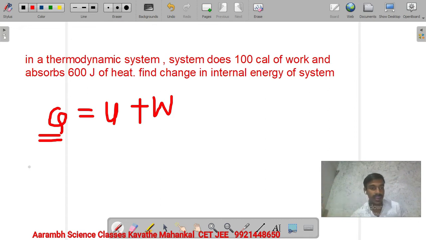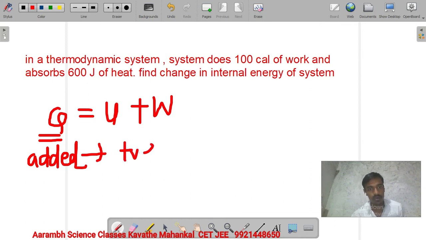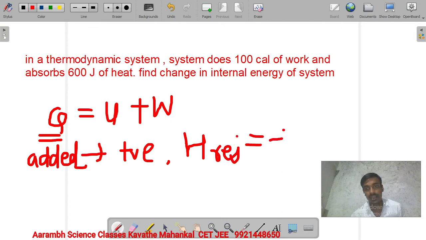If heat is added to the system, you have to take it as positive, and vice versa, if the heat is rejected, then you have to take it as negative.